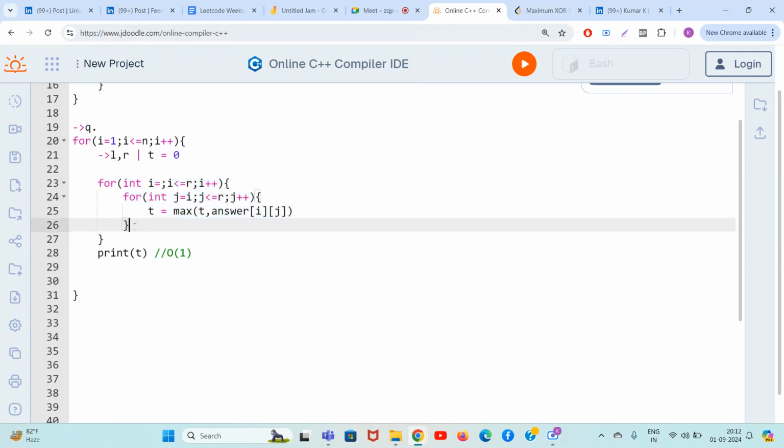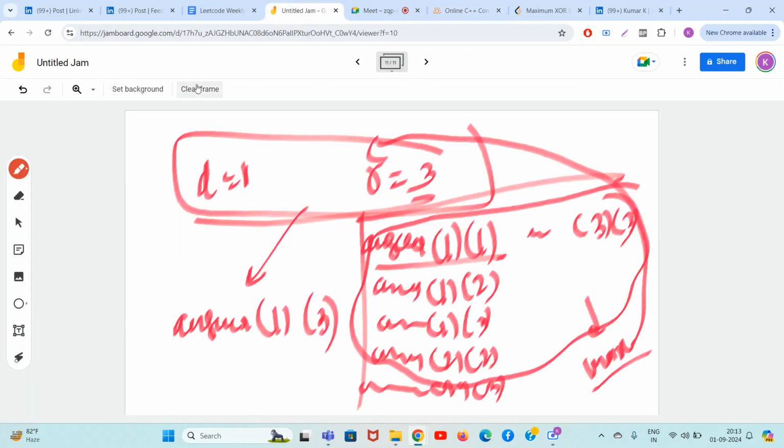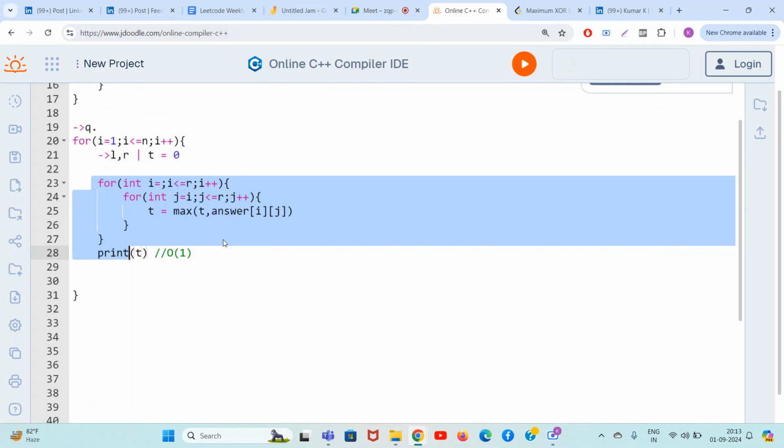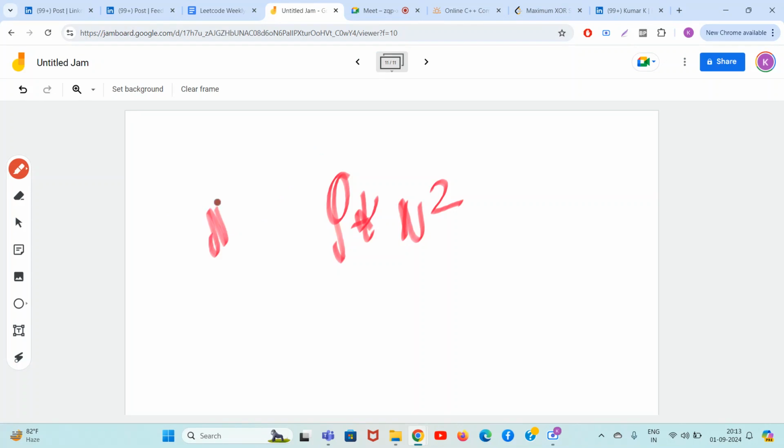Yes, they said to consider all the subarrays of the range L to R and output the maximum. So for each query I am writing two for loops, so q into n square is the time complexity. So the problem is in the time complexity. The time complexity now is q into n square, and on top of that there was another n square which I didn't mention. So it's like q into n square plus n square. So q is what? 2000, I think.